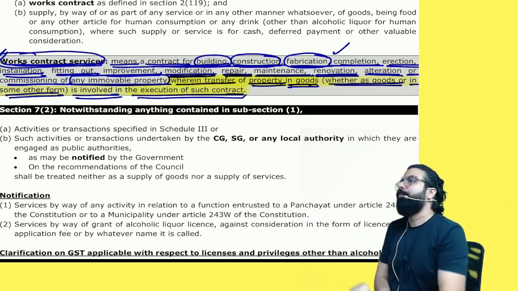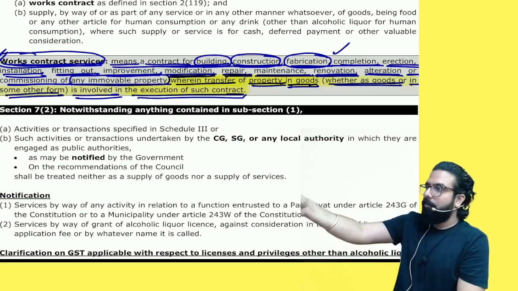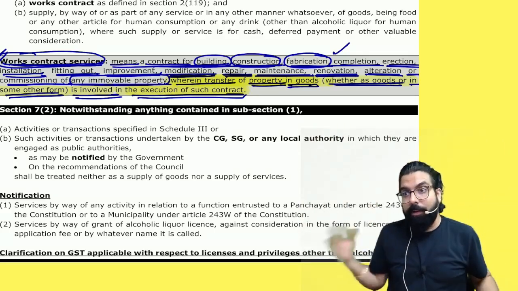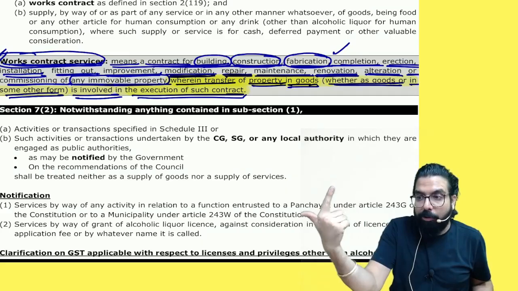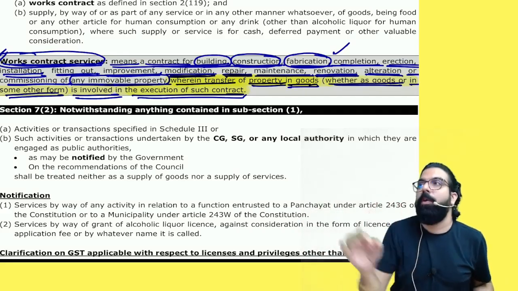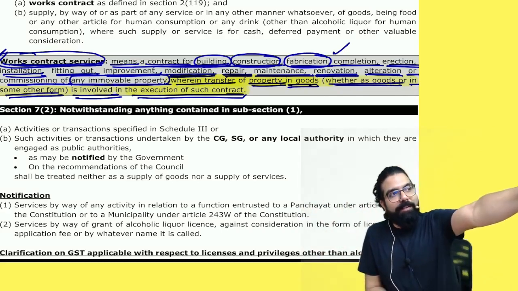Chalo, I'll ask you. Pranath constructed this building for me. He is giving me what service? Material also, labor also. He is giving me what service? Works contract service. I told Pranath, can you do the fabrication of the windows?